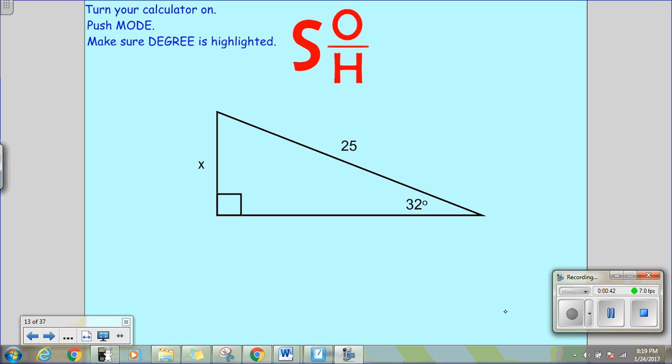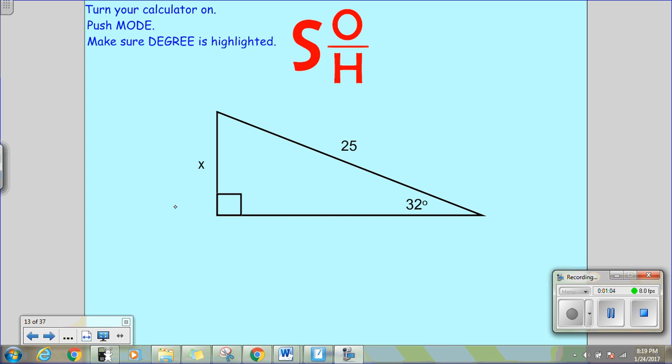But for a normal scientific calculator that you can buy for like $10, make sure you read the manual on how you change it to degrees. But I'm sure there should be some kind of indication that it is in degrees. It should be DEG on the screen somehow, some way.